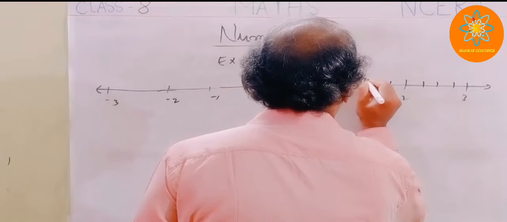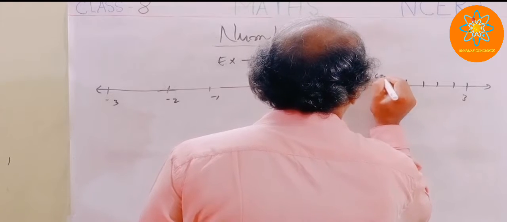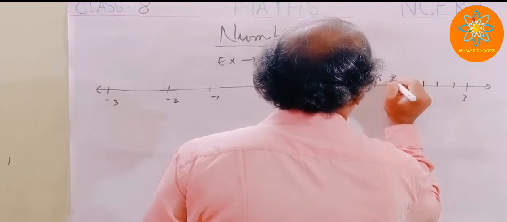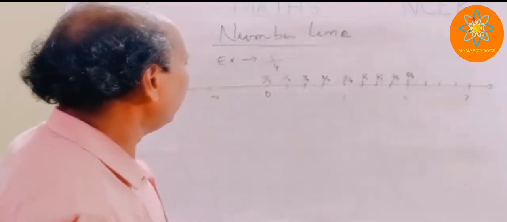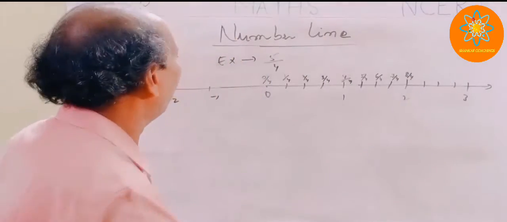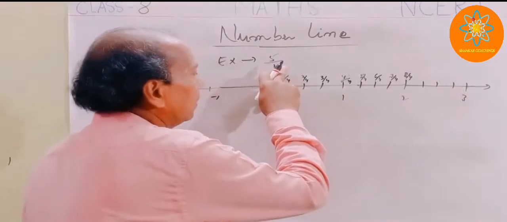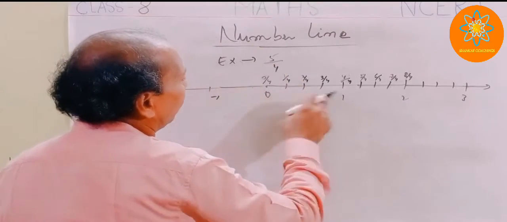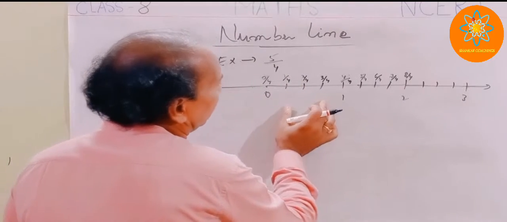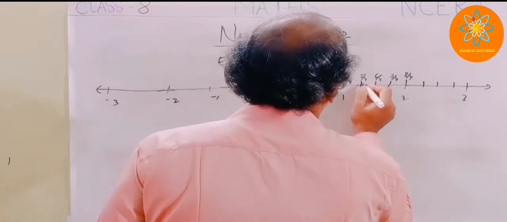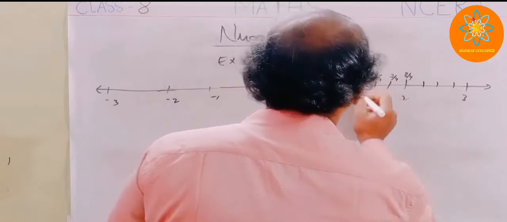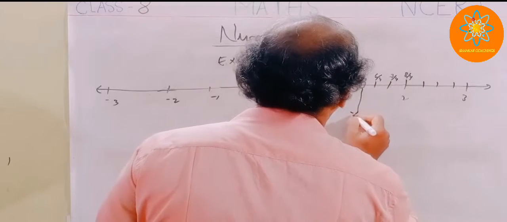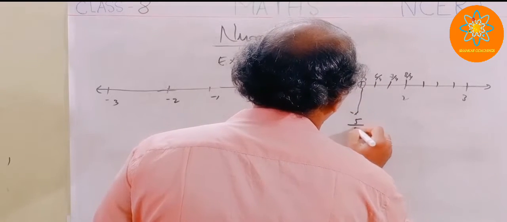Next one is 5 by 4, 6 by 4, 7 by 4, 8 by 4. Only we have to keep in mind that whatever is in the denominator, I have to divide the intervals into that many parts. So where is the 5 by 4? 5 by 4 is this place. So this is the representation of 5 by 4.